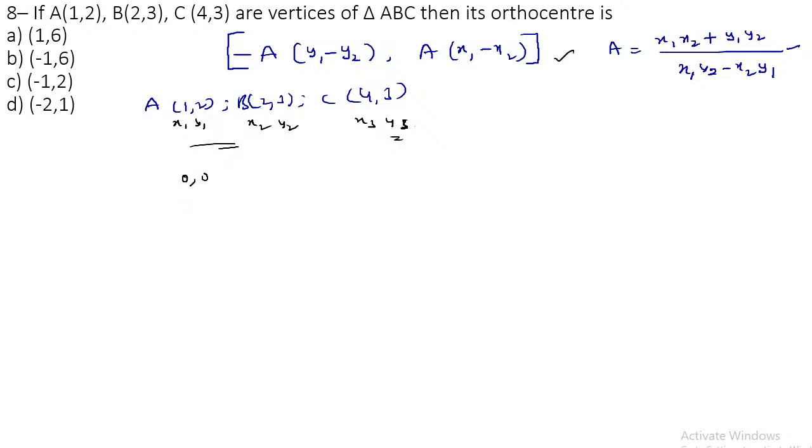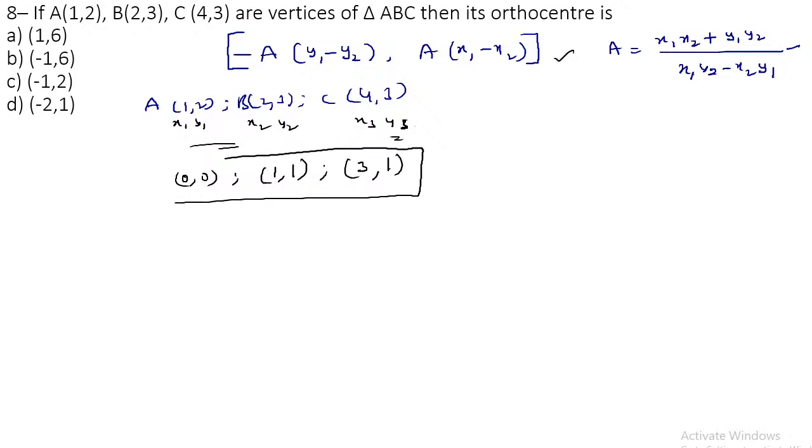So this becomes 0 comma 0, and if we subtract 1 comma 2 from 2 comma 3, this is equal to 1 comma 1. 2 minus 1 is 1 and 3 minus 2 is 1. 4 minus 1 is 3 and 3 minus 2 is 1. So the x1, y2 come from these points.